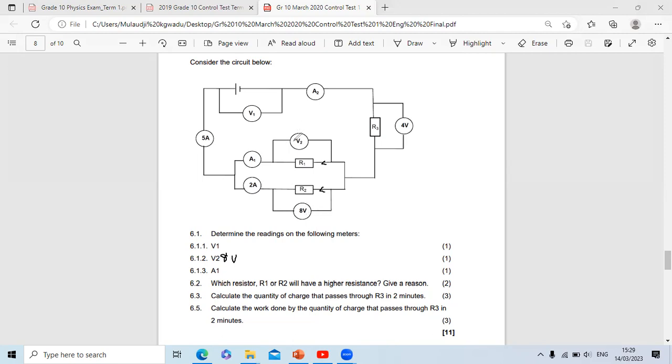So what we're gonna do next is that we have the voltage going through these two resistors. It's 8 volts, and we have the voltage going through the third resistor, which is 4 volts. And when we look at our circuit, there's no other resistors.